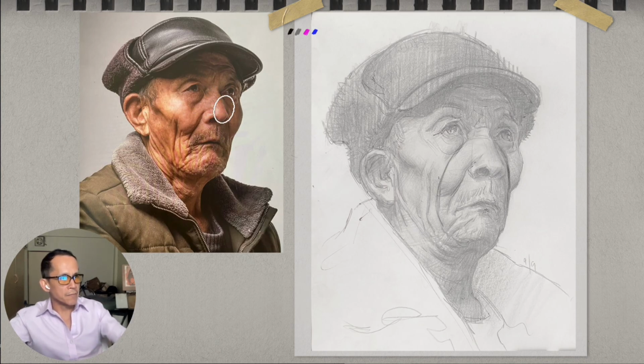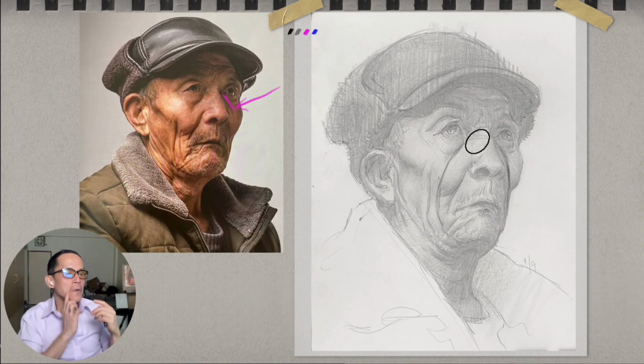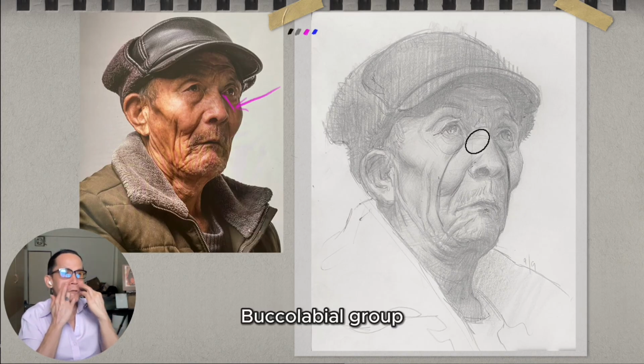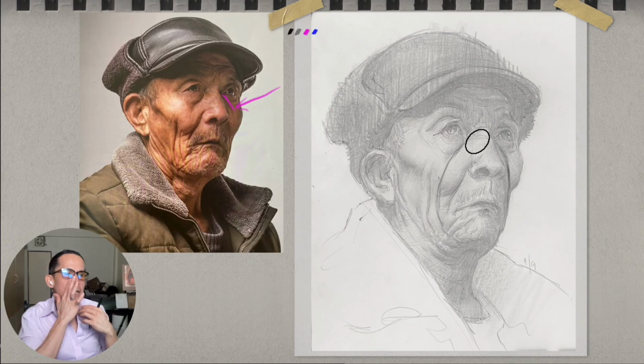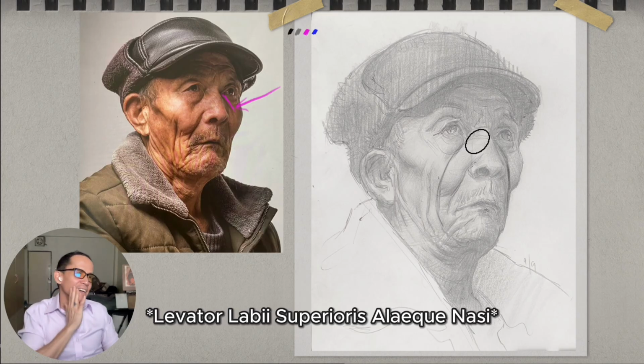I'm going to draw on the reference here. You can see that line right there. That is one of the folds under clearly the eyes, but what I'm looking for is the buccolabial group, and that is leading into the levator labii alaeque nasi superior, something.